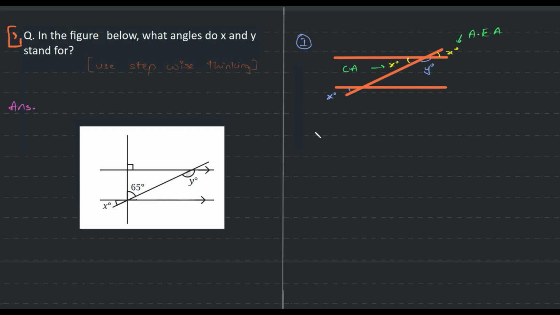Corresponding angles are at the same spot as on the other parallel line. So you can see they are on the same spot. This is the spot over here, and this is the other spot. Can you see that? This and this are equal. So that's how you figure out the corresponding angle.